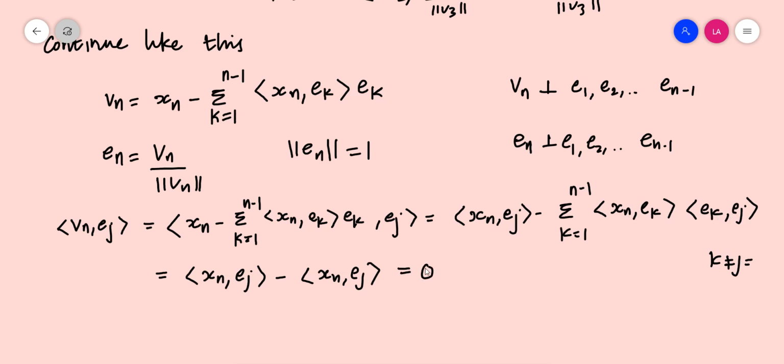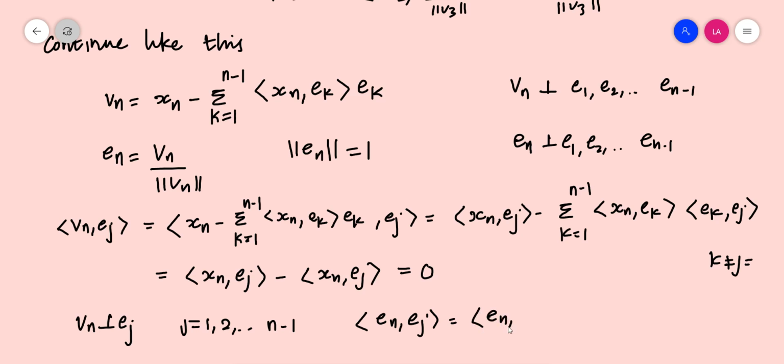So the difference between same terms should be equal to 0. So Vn is orthogonal to ej for all j varying from 1, 2, 3, etc., n minus 1. Now using this we can say that in general En is orthogonal to Ej.